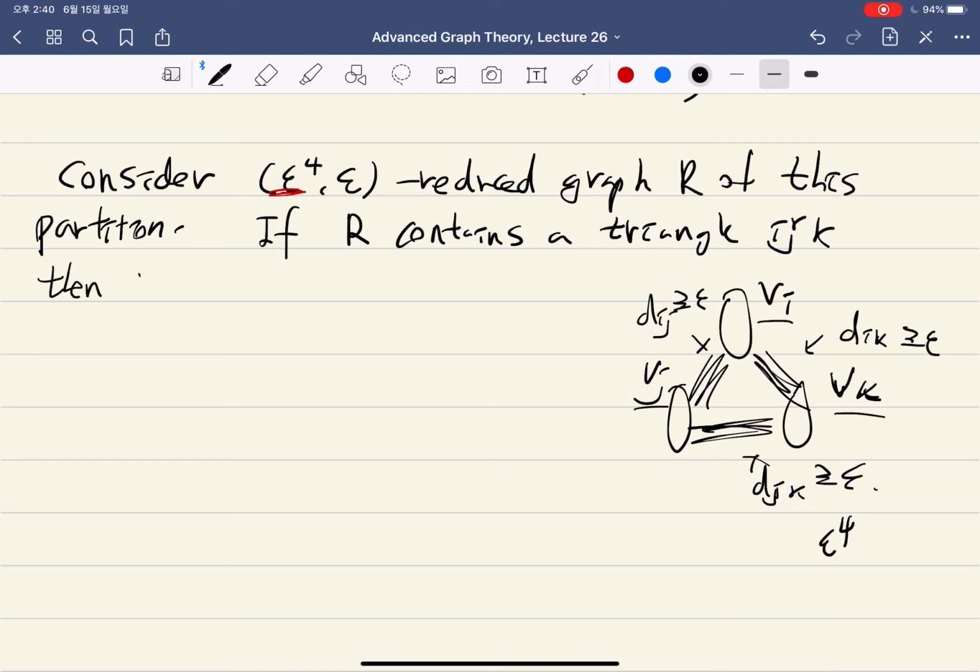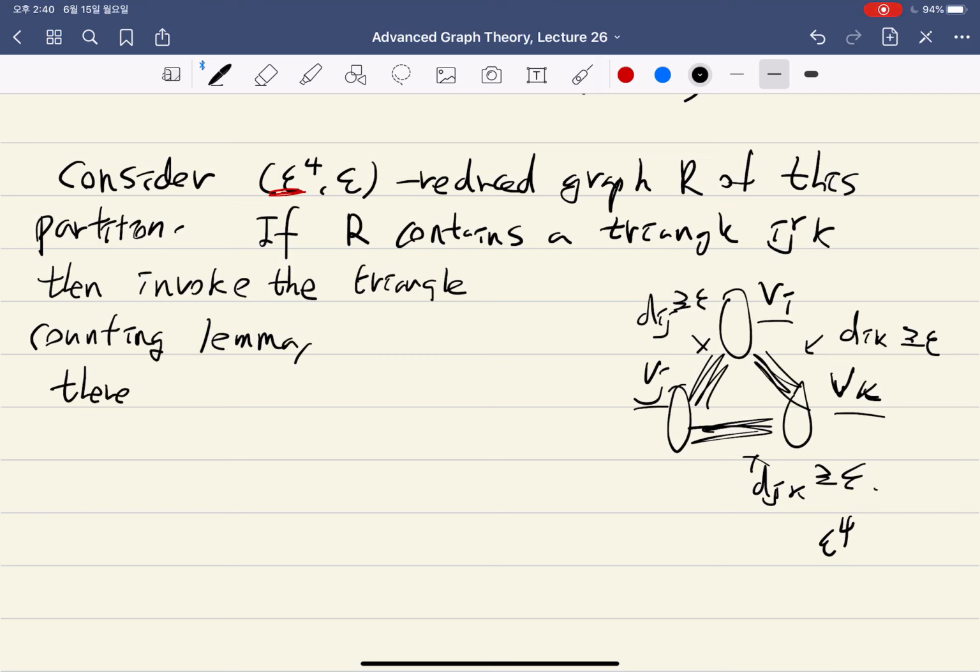Then by using the triangle counting lemma, what do we get? We get that there are at least epsilon cube.